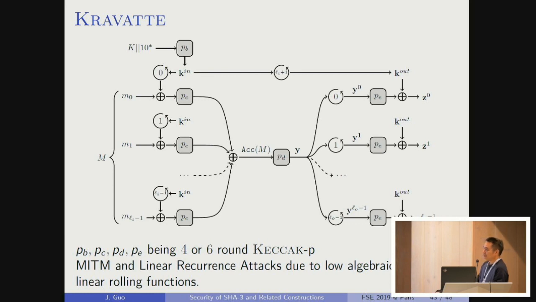So generally, the attack is easier when we have more variables under control. Meaning if we have bigger internal states, usually that will allocate more degrees of freedom for the attacker.